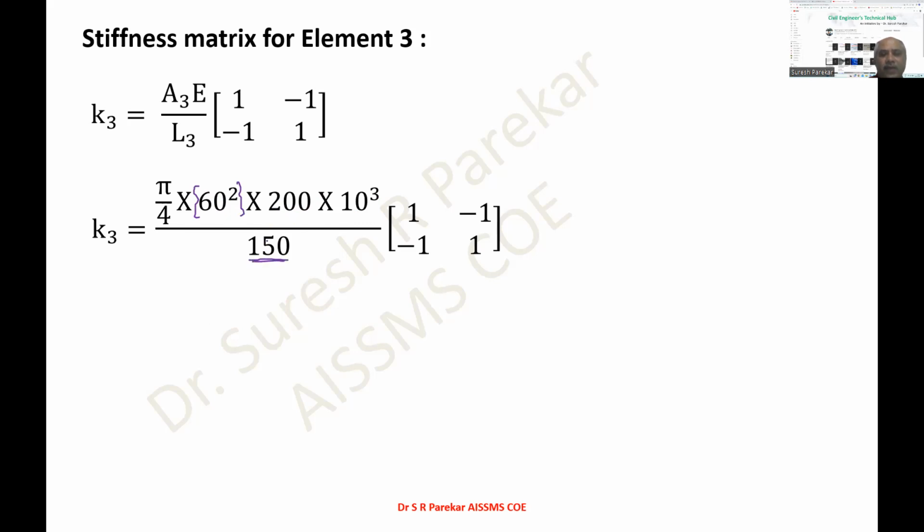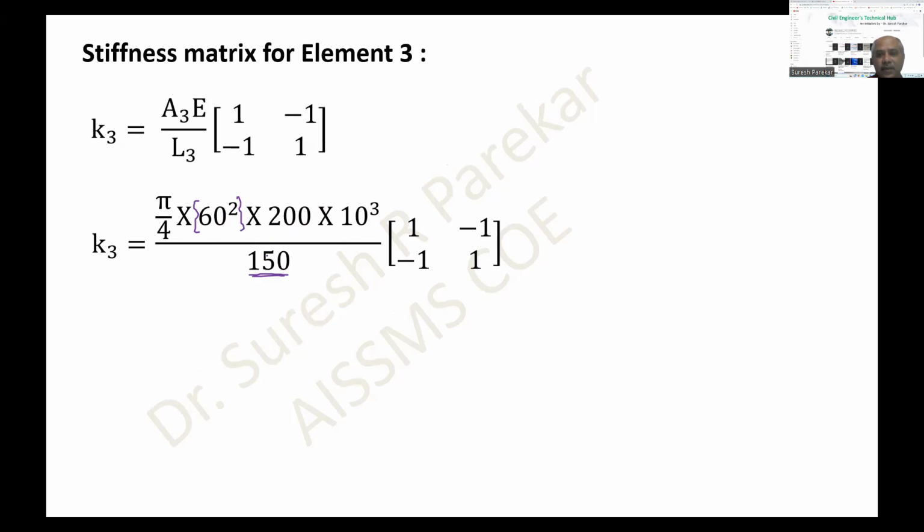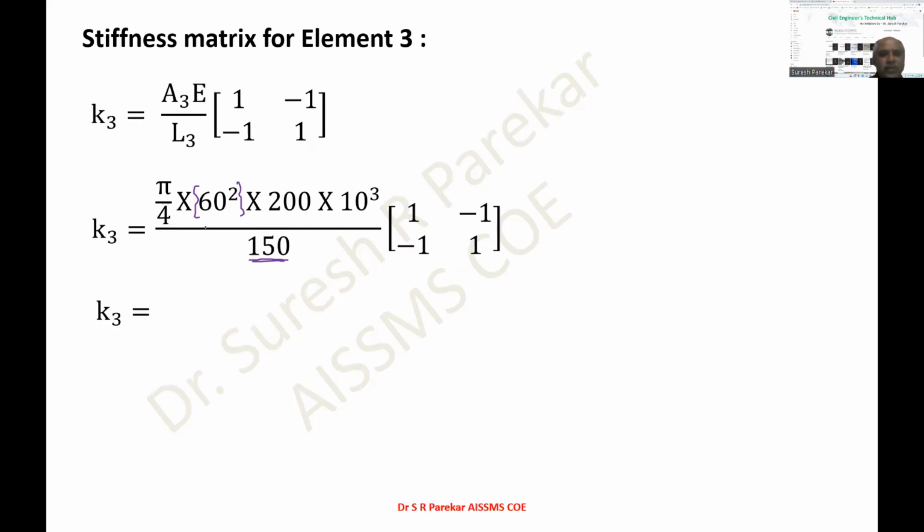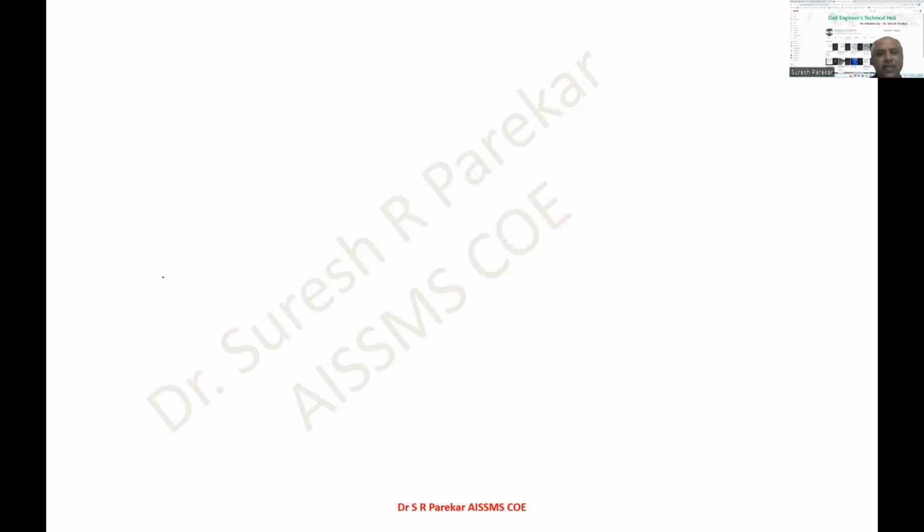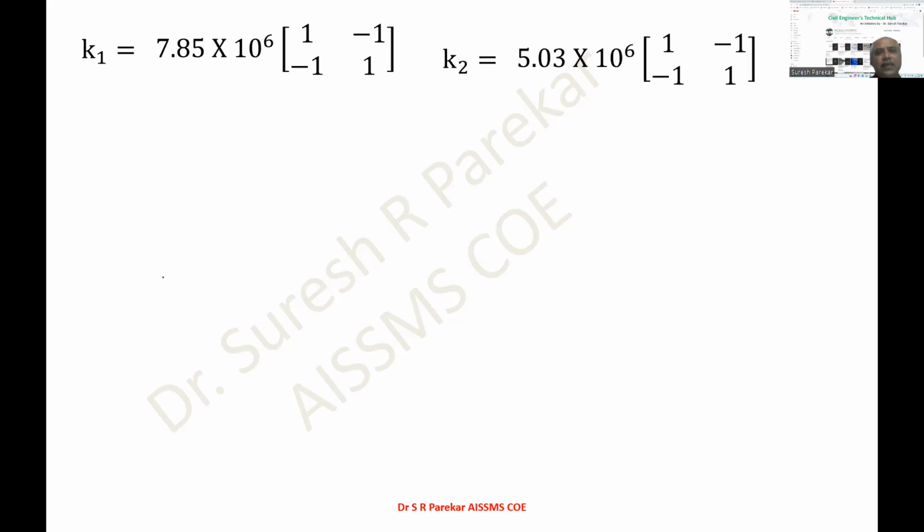Now L for third member is 150, and this will give us the value of K3, and that is 3.77 into 10 raised to 6. This is smaller of these three. So we can see K1 7.85, K2 5.03, and K3 3.77.